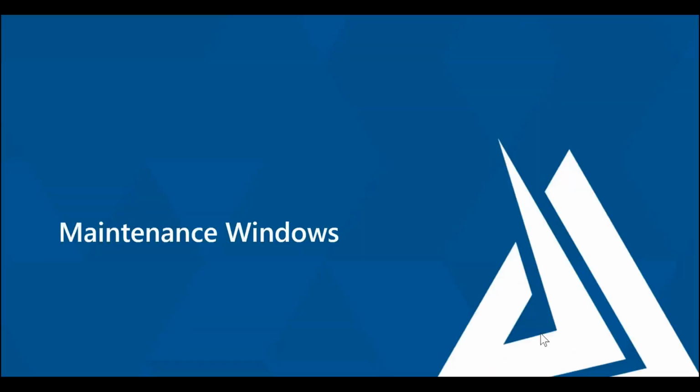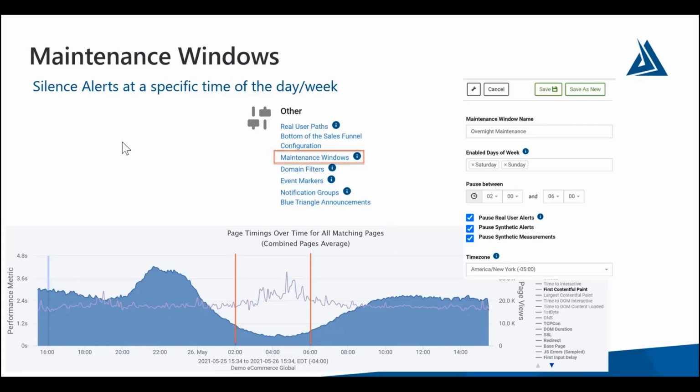All right. Now, maintenance windows. So real quick, you can set up a maintenance window to silence alerts at a specific time of the day or week. If you look at this graph down here, in the overnight period between 2 and 6 a.m., this site experiences some slower performance due to the decrease in page views.